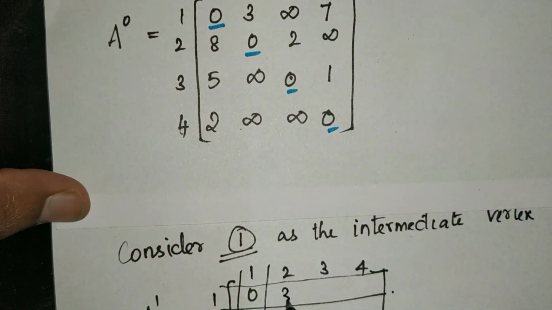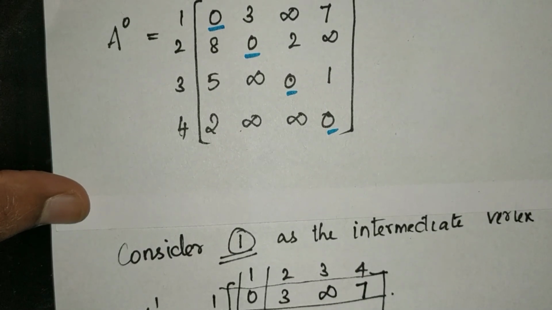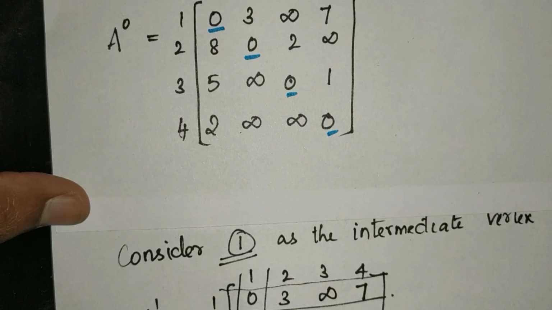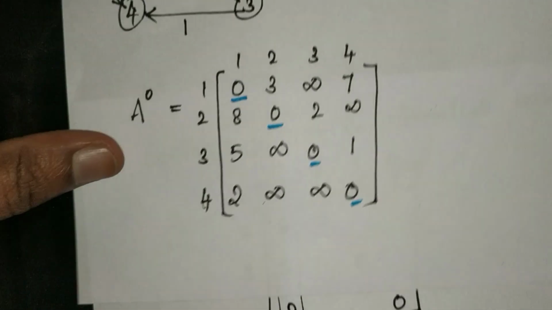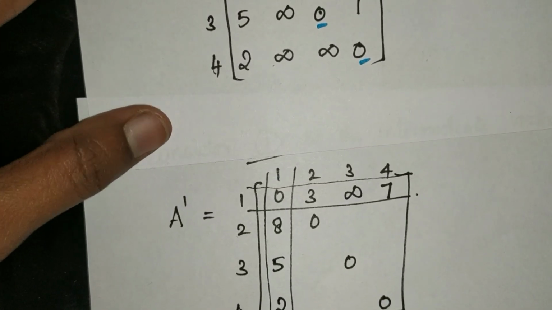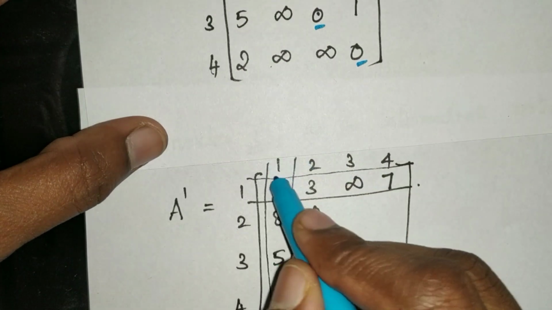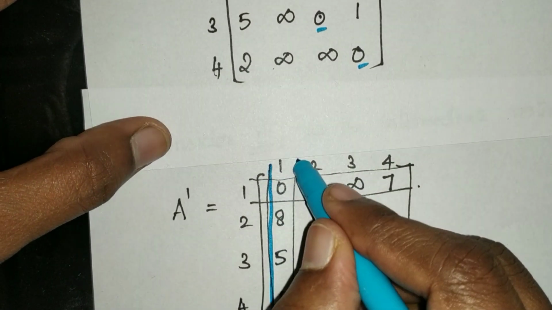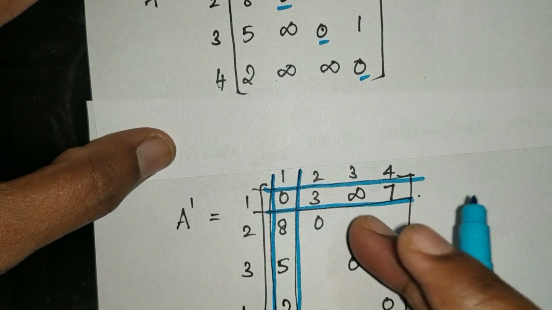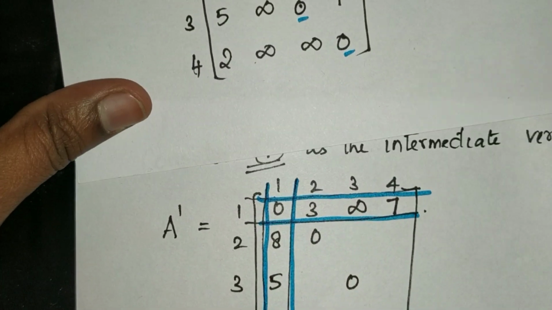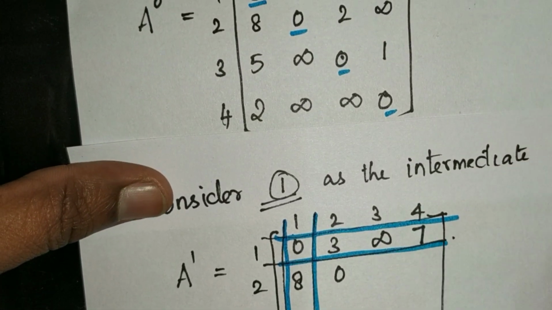So it will be 3, infinity, 7, and here it is 8, 5 and 2. So this we can fill. The first row and the first column, we need not change. We can write as it is what is present in the previous matrix.